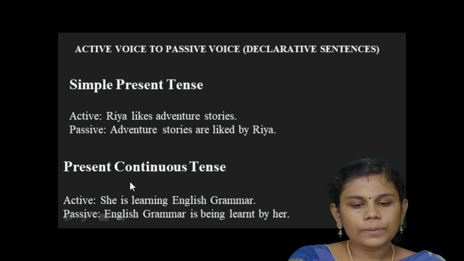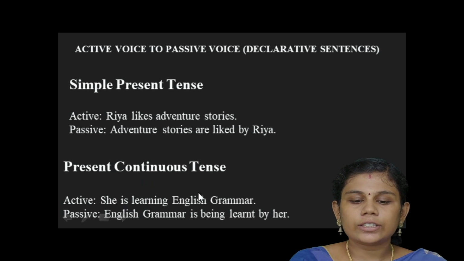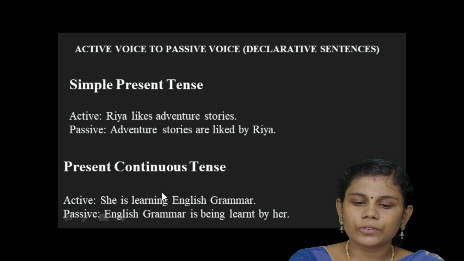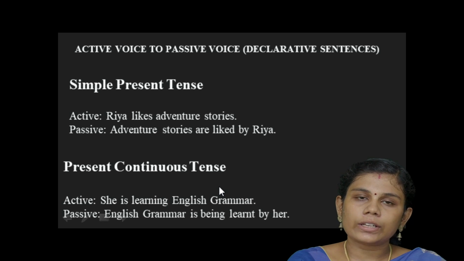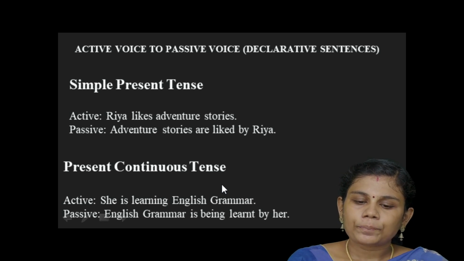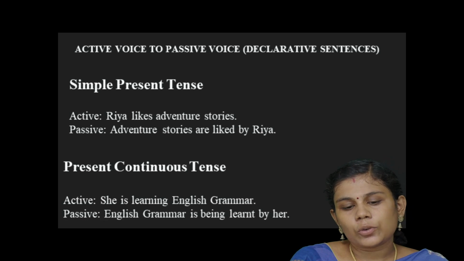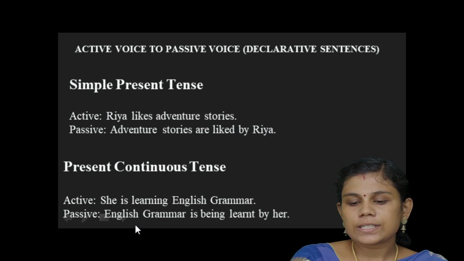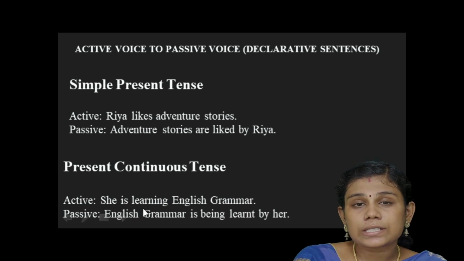Next, I have given you the example for present continuous tense: She is learning English grammar. Here she is the subject, is learning is the verb, English grammar is the object. When we transform this active voice into passive voice, English grammar, the object, will come in the first position. Next, the verb is learning, so it indicates a present continuous tense.